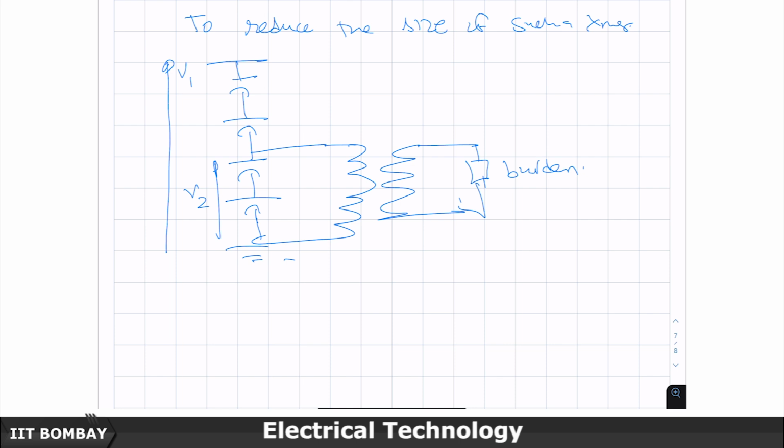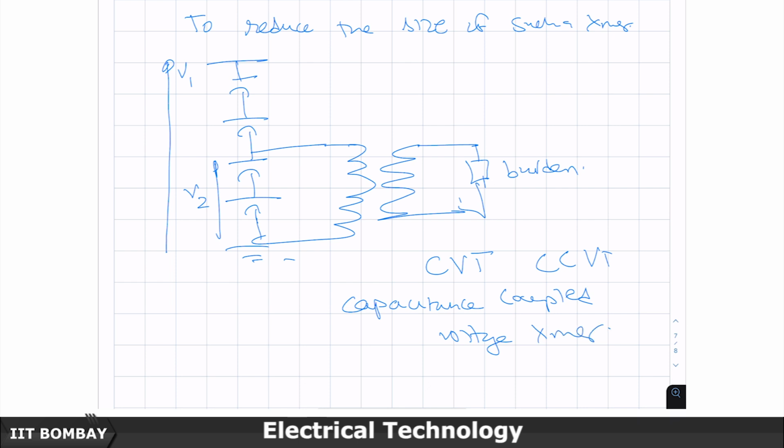This device is called a CVT, CCVT or CVT, capacitance coupled voltage transformer. Its size is much lower than a normal VT.